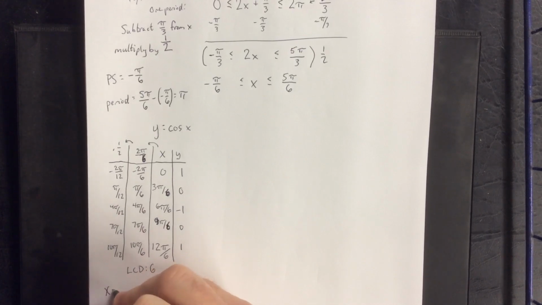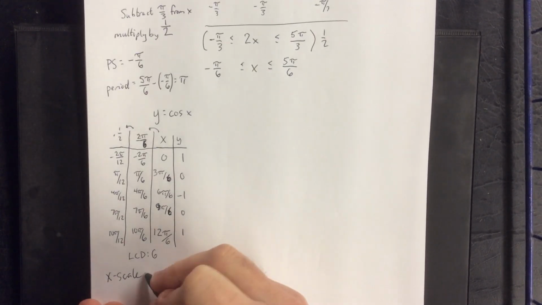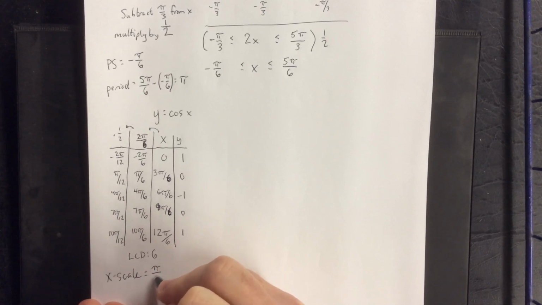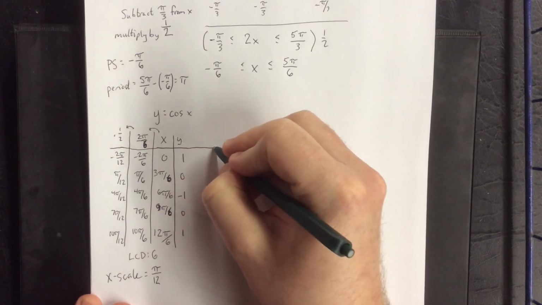With that in mind, I'm going to select an x scale that will be equal to pi over 12, since that is essentially the common thing that all of these fractions have in common, something pi over 12.